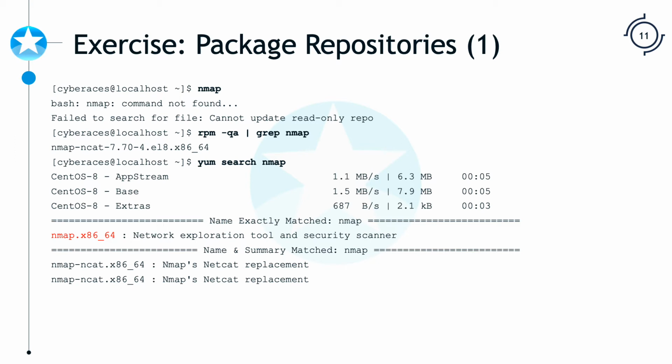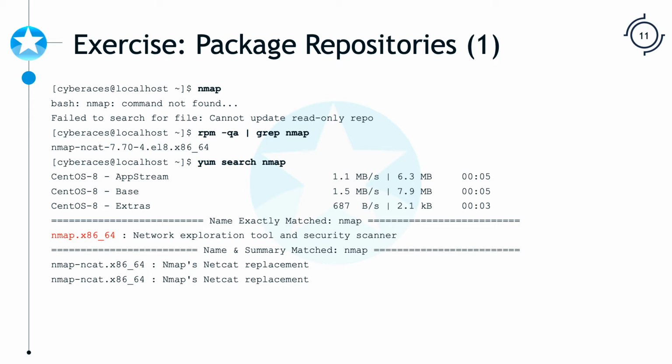We do see one specific package installed. It is nmap-ncat. This isn't actually nmap. There's actually another tool called netcat. Nmap has upgraded a more powerful version of netcat called ncat.